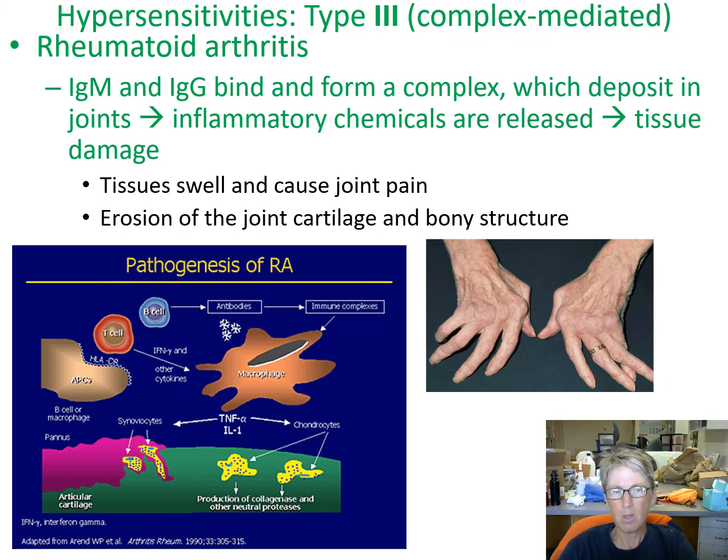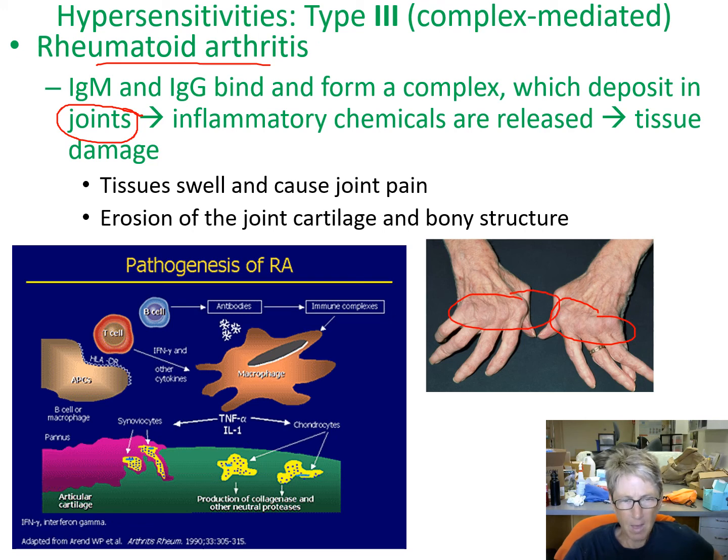Hypersensitivity type 3 also manifests itself in rheumatoid arthritis. So IgM and IgG, they bind to form a complex, and then those complexes deposit in your joints. Inflammatory chemicals are released and your joint tissue is damaged. Tissues can swell, you have joint pain. This looks really, really painful.